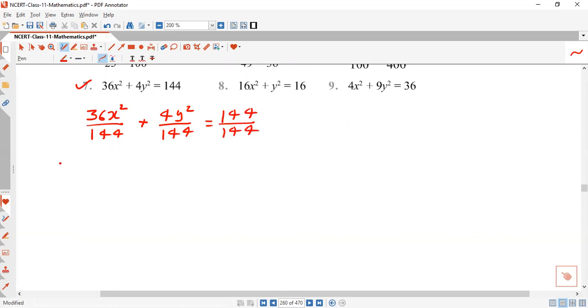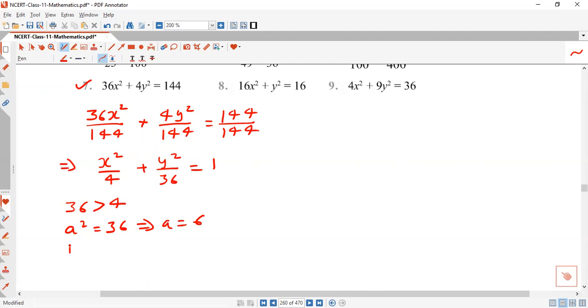Simplify this one, you are getting x square upon 4 plus y square upon 36 equal to 1. Here you see this 36 is greater than 4. So a square equal to 36 implies that a equal to 6, and b square equal to 4 implies that b equal to 2.